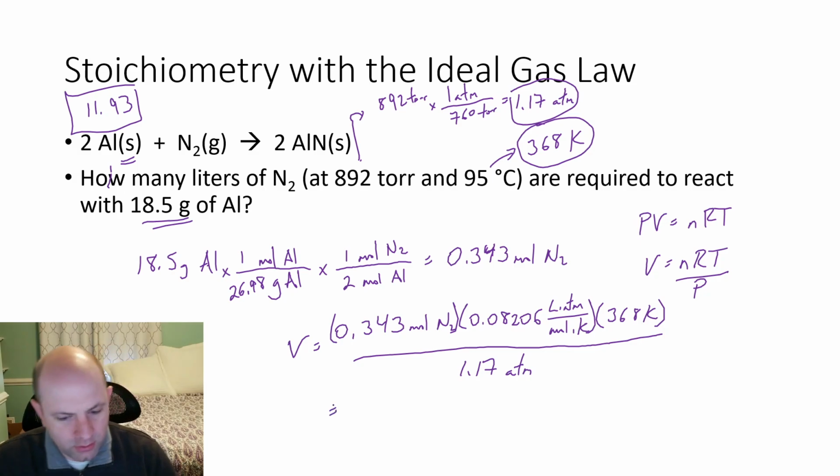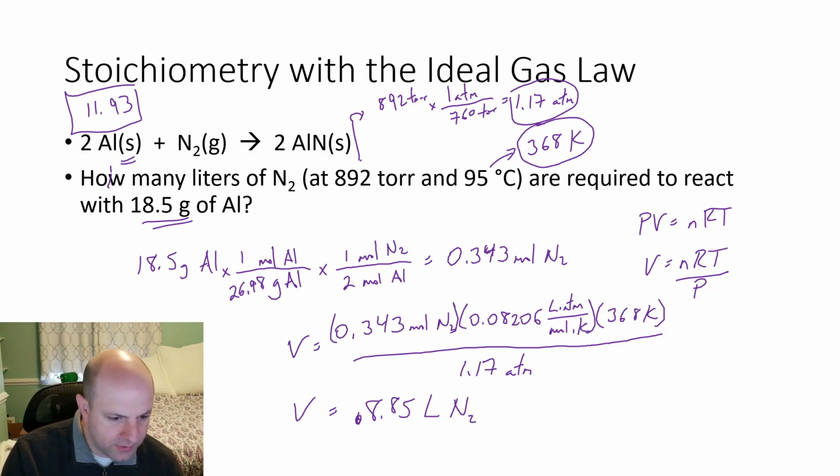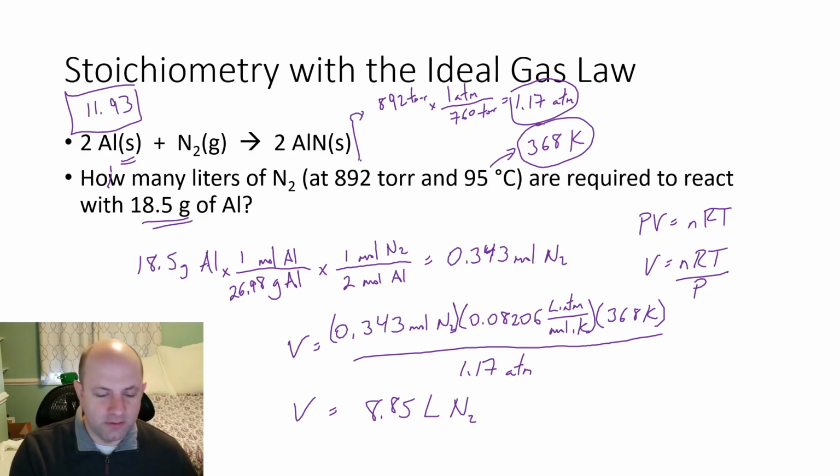We just punch it all into our calculator, so 0.343 times 368, and then divide it by the ATM, we get a volume of 8.85 liters of nitrogen. Let me clean that up so that it does not look like a decimal point there. There we go. But yeah, 8.85 liters of nitrogen, and that would be our final answer.